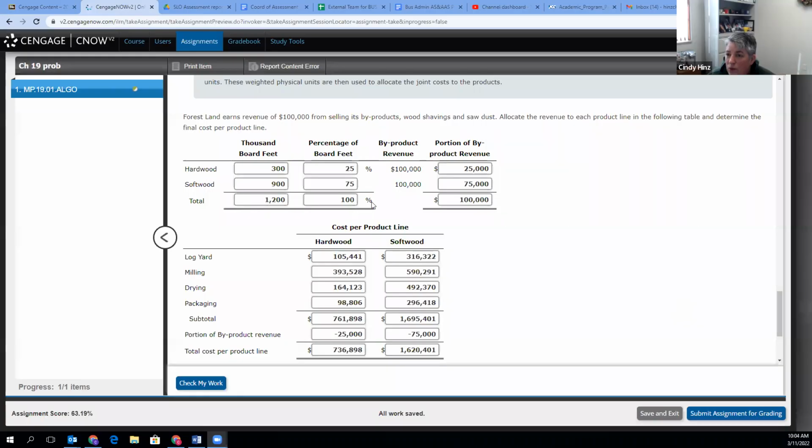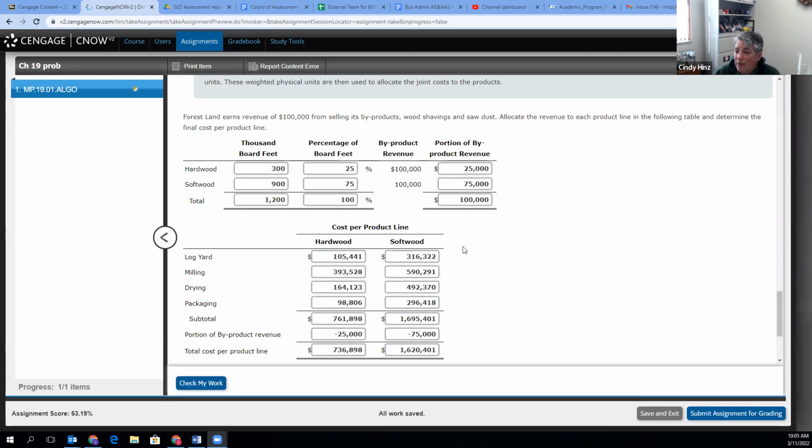And so we have allocated that byproduct revenue, and as I look at the totals, that $100,000 doesn't seem like such a big deal anymore compared to their total costs here of $2.5 million roughly. So rather than setting up a whole separate product line for what they treat as byproducts, the wood shavings and sawdust, it's this tiny piece of their business, and really the only reason they're selling those is because they have to do something with them.